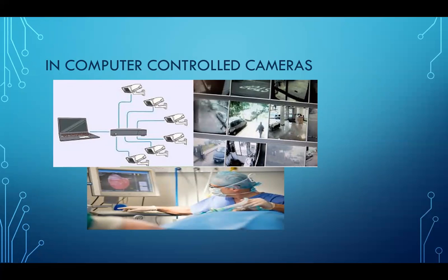Computers also control cameras. You see in the picture here, in the first picture you can see a lot of cameras in different areas. In the second picture you can see how you can control, manage and see the activities of different people in different areas. Sometimes you see cameras openly in spaces where we have security, or without security, to keep it safe for everyone.